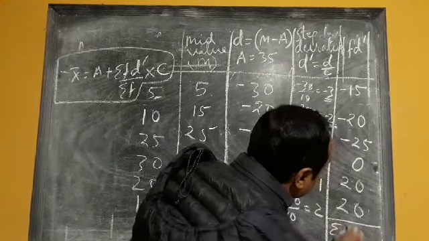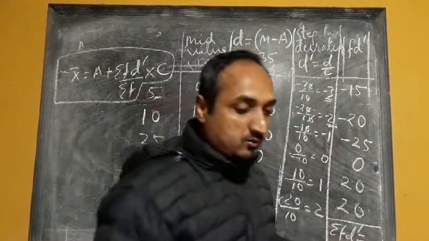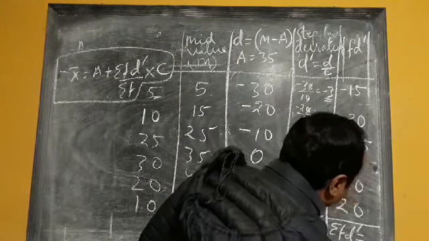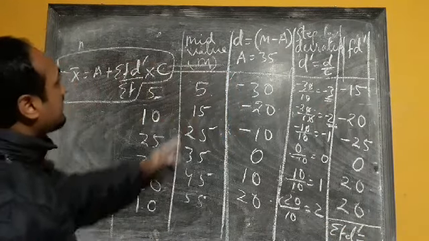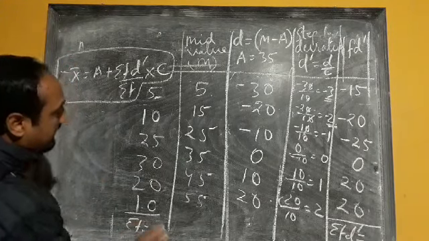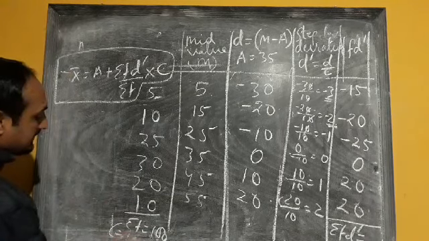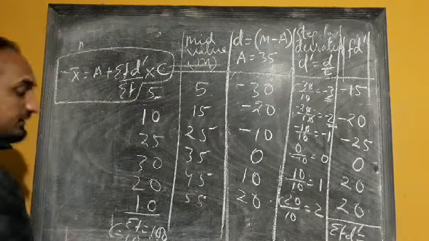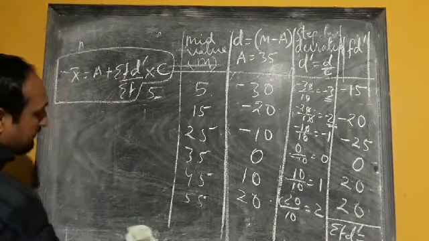We add these values, and we get minus 20. Summation f is 100, and c is 10. Now we will put the values in the formula.